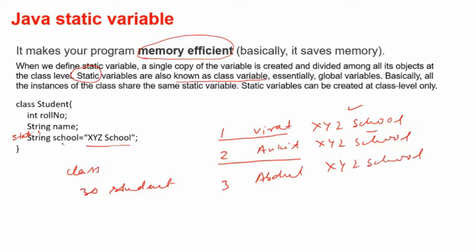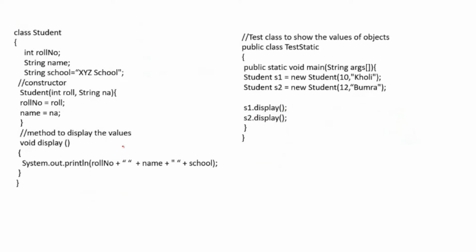So here the school is the static variable we defined, and the names remain the same. Here, static string school is XYZ, and this is the constructor. In the constructor, I have taken only the roll number and name. The roll number is assigned to the instance variable.